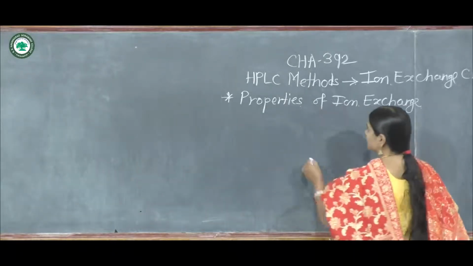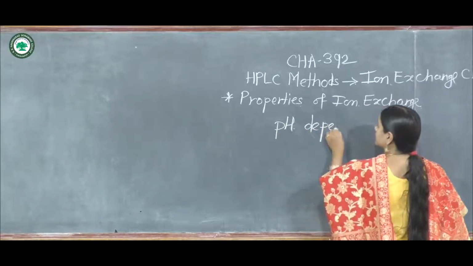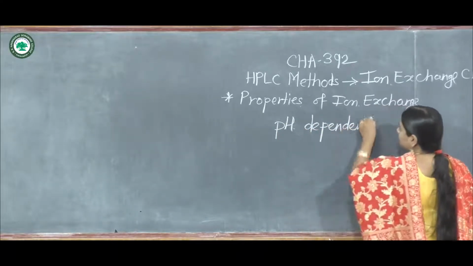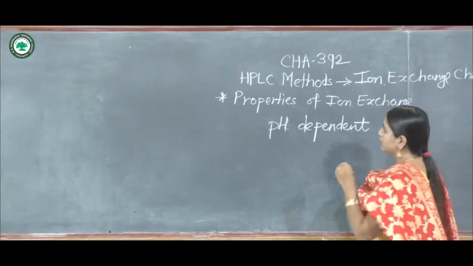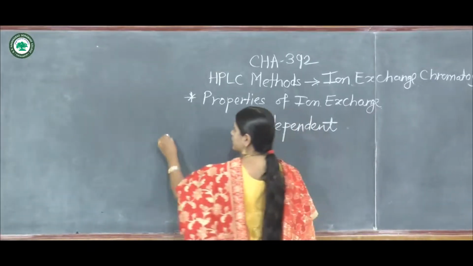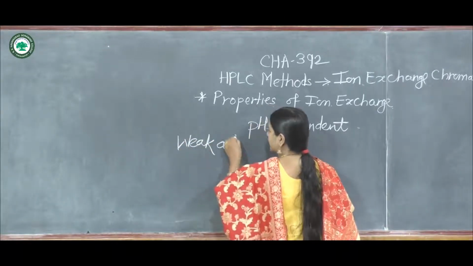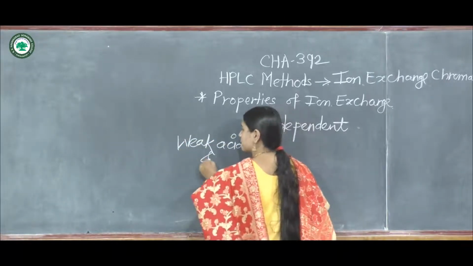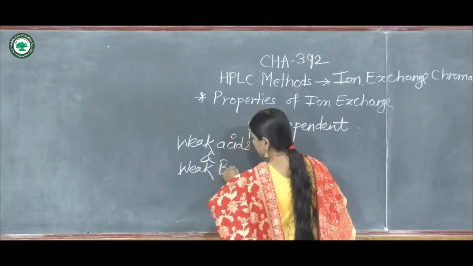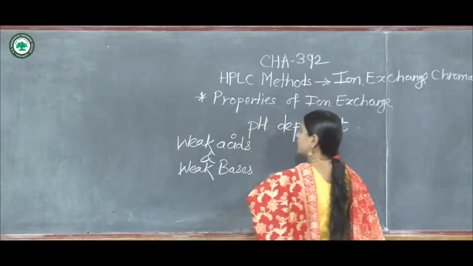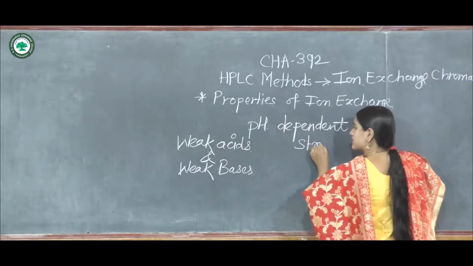Mainly the properties of the ion exchanger are dependent on pH. So in ion exchange chromatography, you can analyze samples of weak acids and weak bases, and strong acids and strong bases are also there.